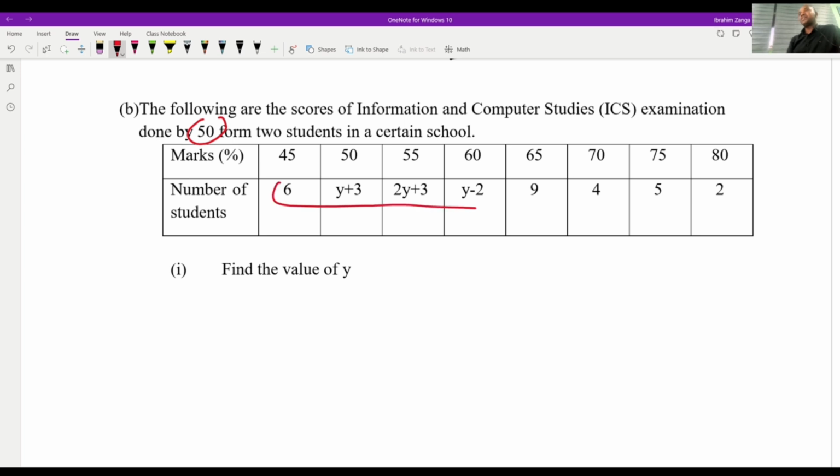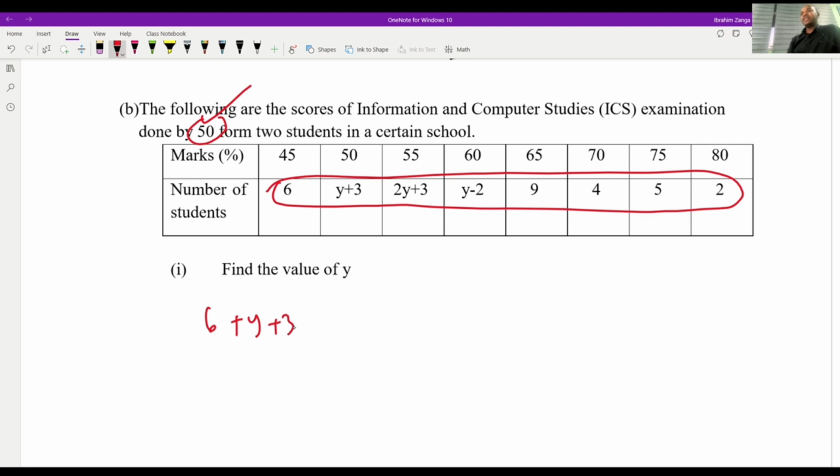All these numbers here, the summation is going to give you 50. So I'll be taking 6 plus y plus 3 plus 2y plus 3 plus y minus 2 plus 9 plus 4 plus 5 plus 2. Eventually, you'll be getting 50, dear students.